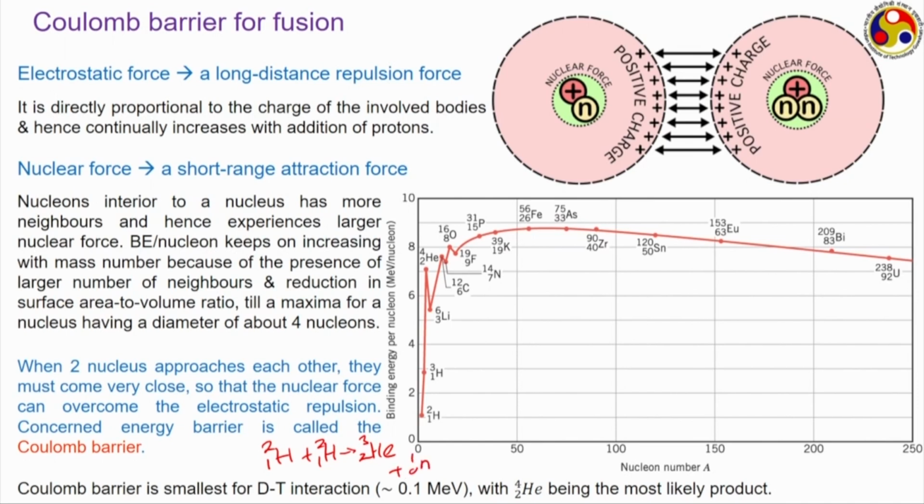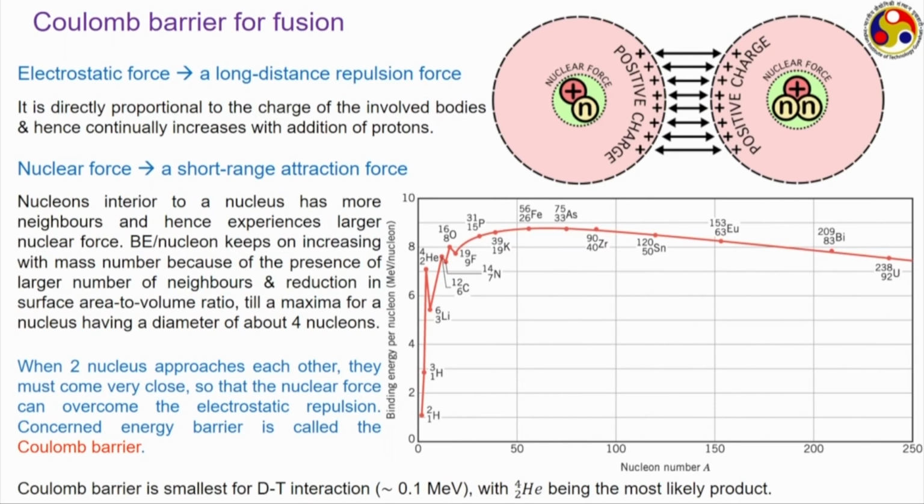I was actually wrong about the other set of product: it can be 1H3 plus proton. So, there can be 2 kinds of DD reaction. In one case the product is helium 3, in the other case the product is tritium, and in both cases we generally have quite a low amount of energy production.